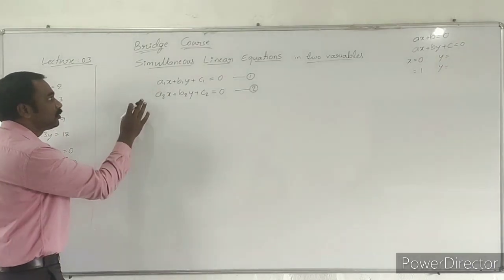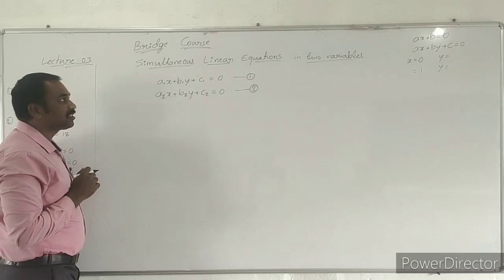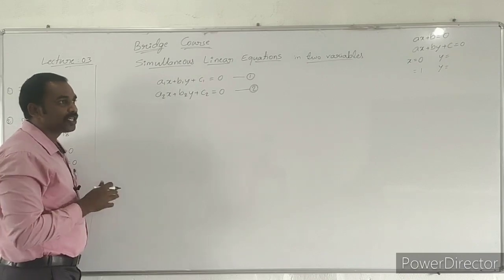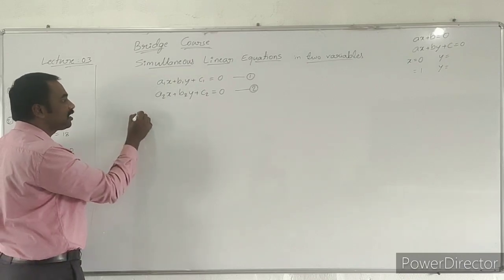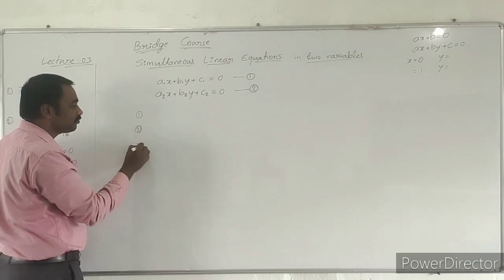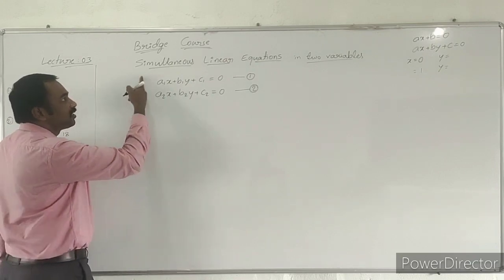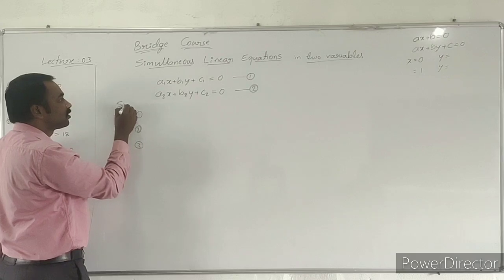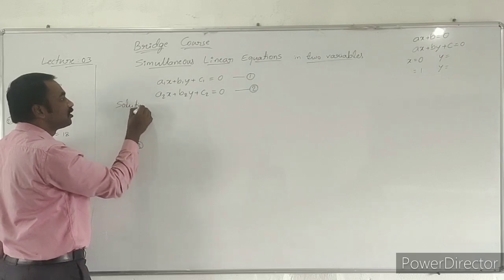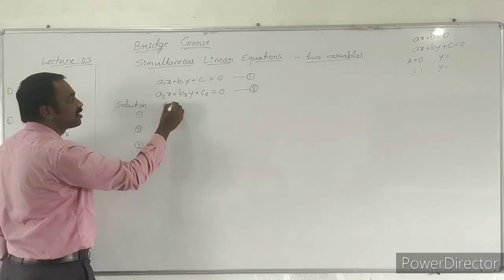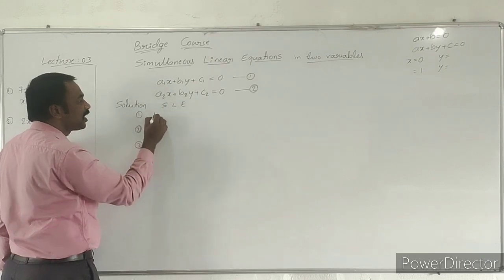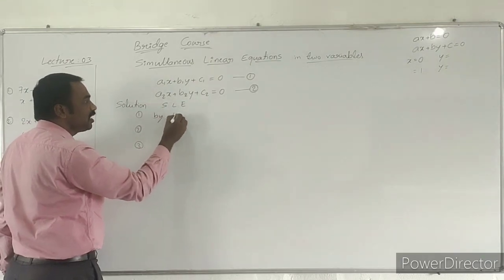Now here, to solve simultaneous linear equations in two variables, there are particularly three methods. What is the first method? A solution of the simultaneous linear equation by the elimination method.